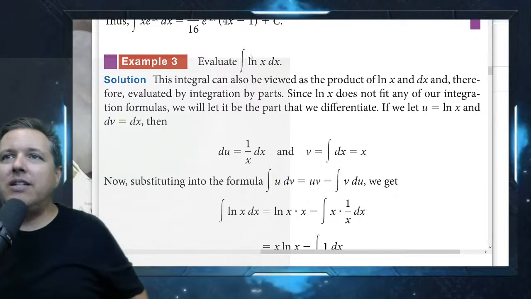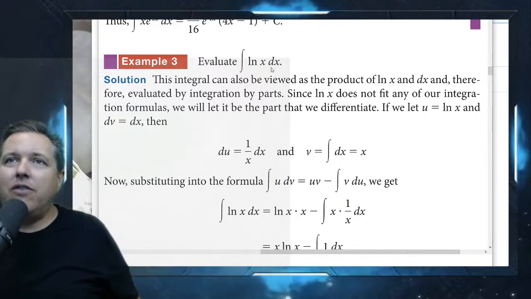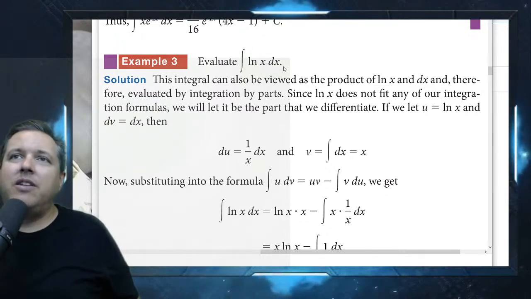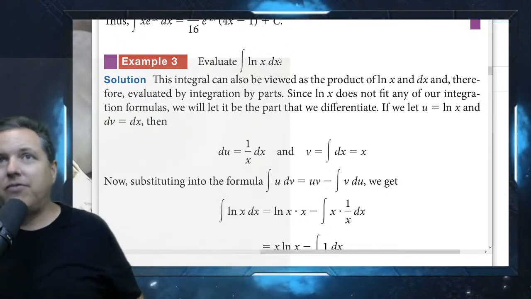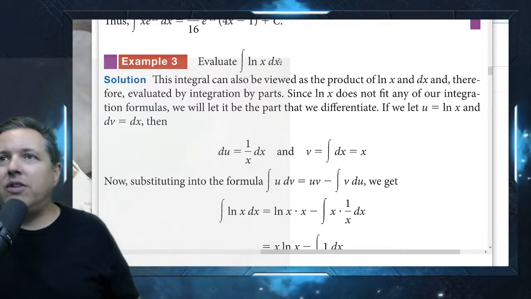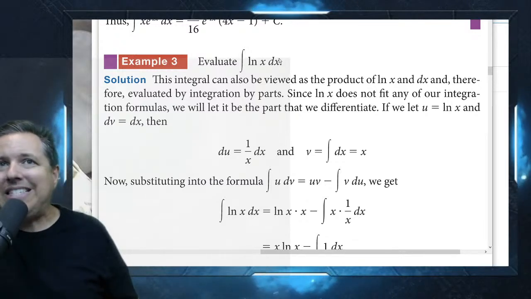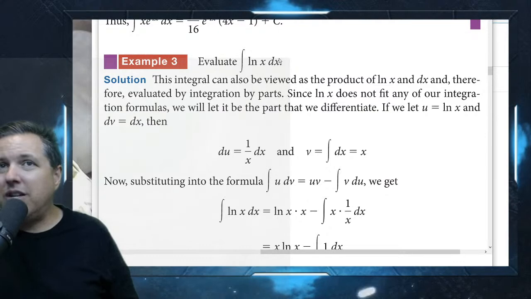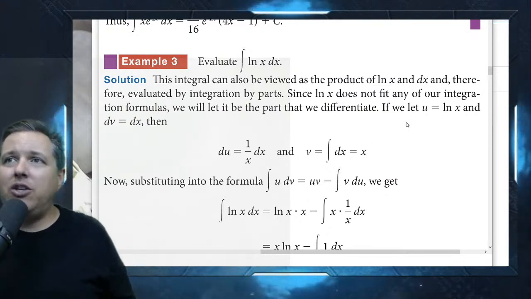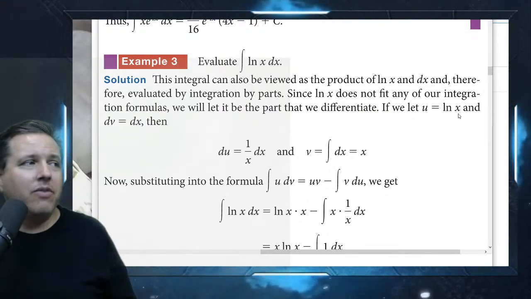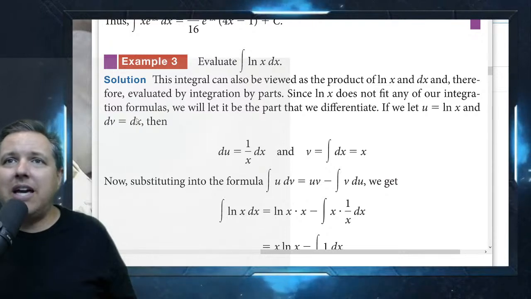But we could view this as natural log of x being one piece, or one part, I should say, and then the dx is one part, right? So the integral can be viewed as the product of natural log of x and dx, and therefore we can use integration by parts. So we let u equal natural log of x. We let dv equal dx.